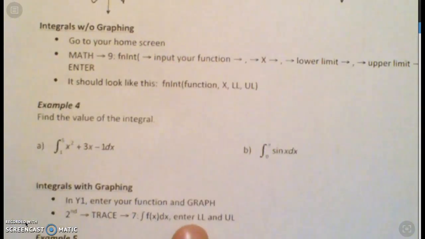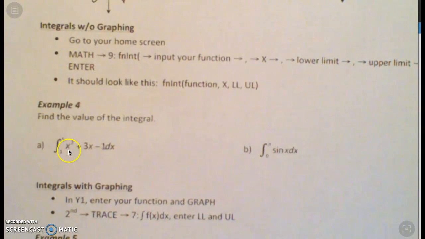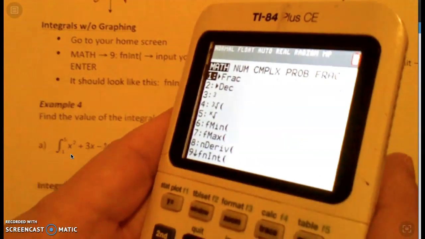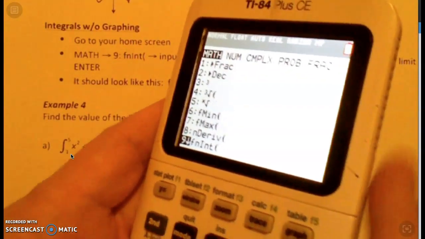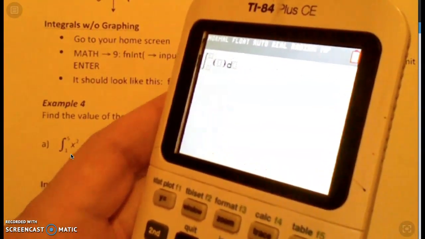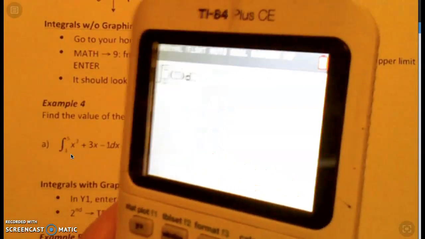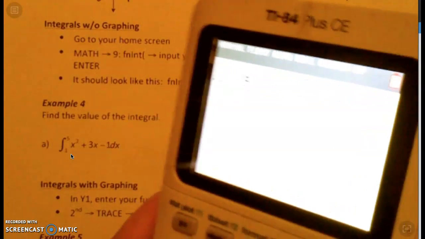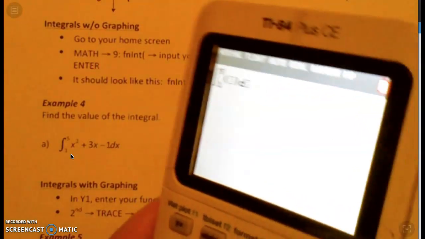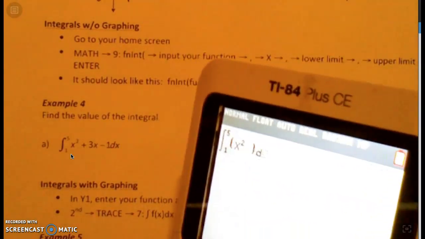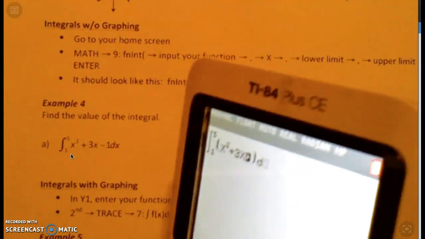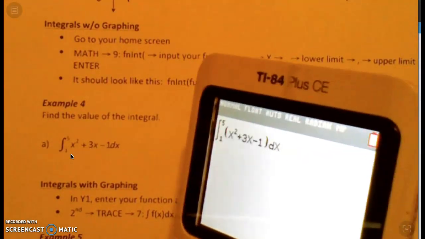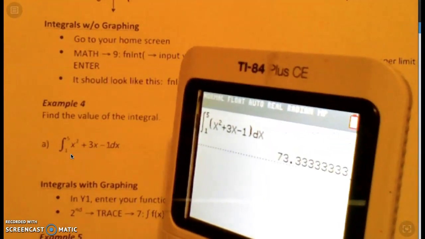The stuff we were doing before, just recently, integrals, and you can make your calculator do the integral. You hit math, and if you look down at the bottom, number 9, function integral, that's what that one is. I can put my lower limit 1, my upper limit 5, and then I can type in my equation, x squared plus 3x minus 1, and put dx, and then hit enter, and it finds the area under the curve.